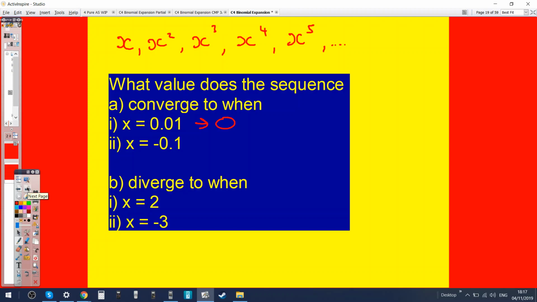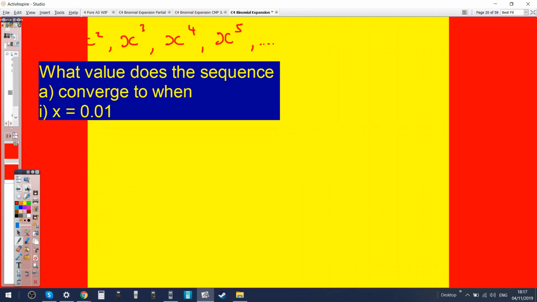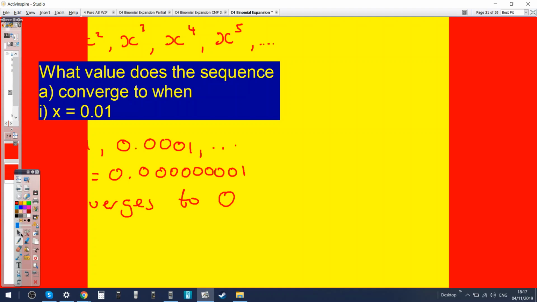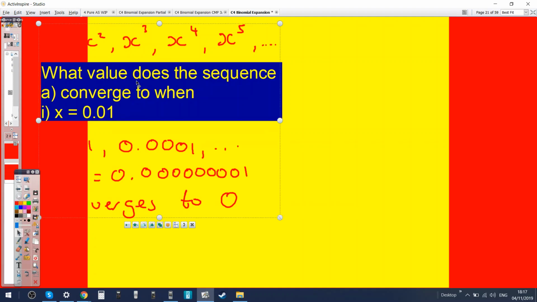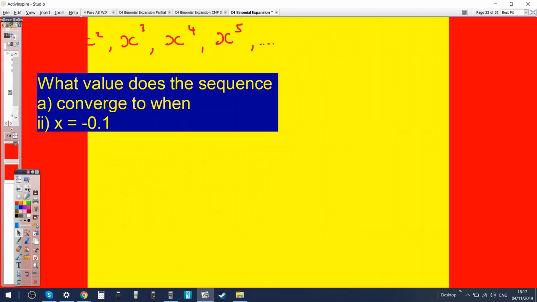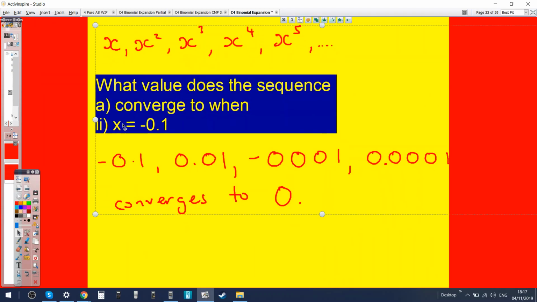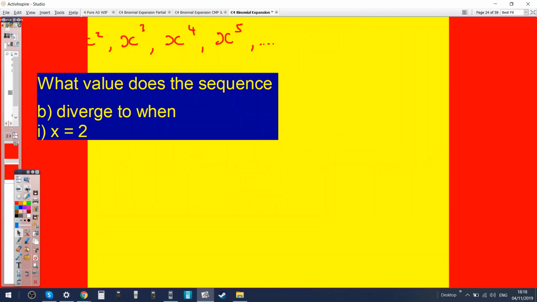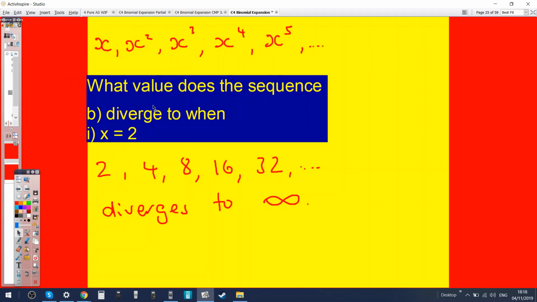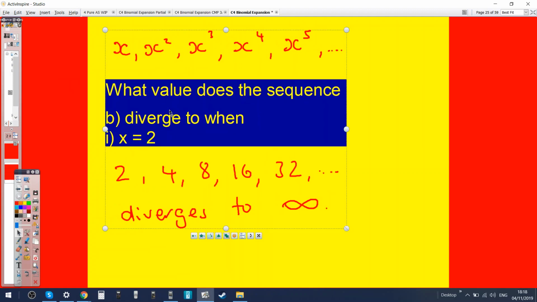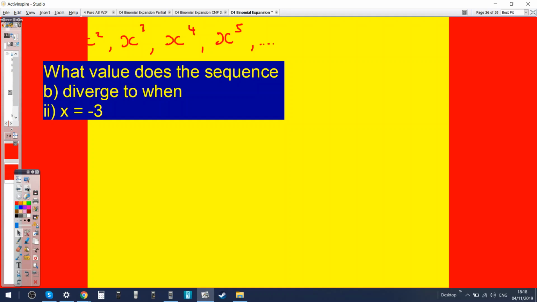That's it. And if we take a look at the results, the first one we said converges on 0. The second one also converges on 0. However, when x is 2, that diverges towards infinity.